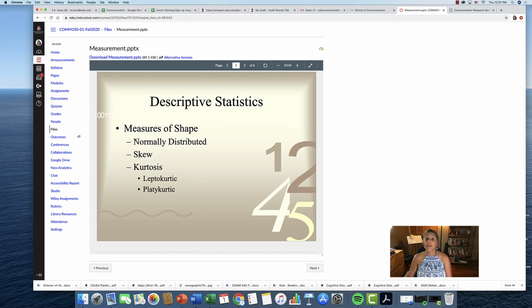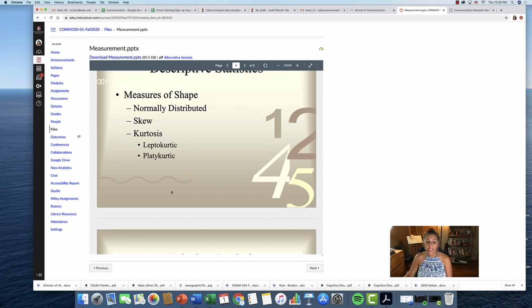Is it a bell curve, is it normally distributed? Is it skewed positively or negatively? Or is it skewed in such a kurtotic way that it's either leptokurtic, too peaked, too high in one area, or platykurtic, too flat or too spread out? That's all I need you to know about descriptive statistics.